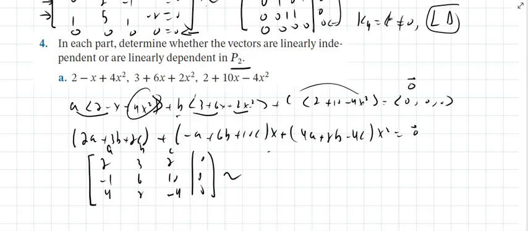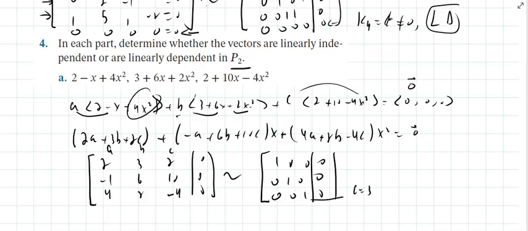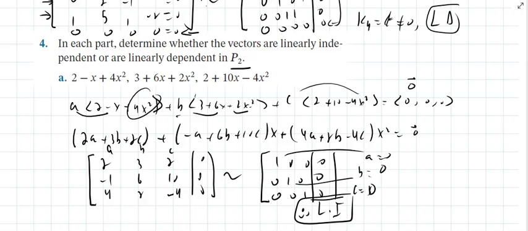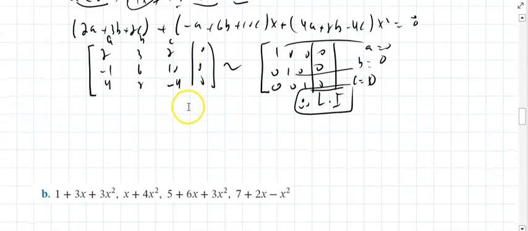And if I reduce this, I end up with 1, 0, 0, 0, 0, 1, 0, 0, and 0, 0, 1, 0. So obviously C is 0, B is 0, and A is 0. Therefore, linearly independent. So that's how it works.